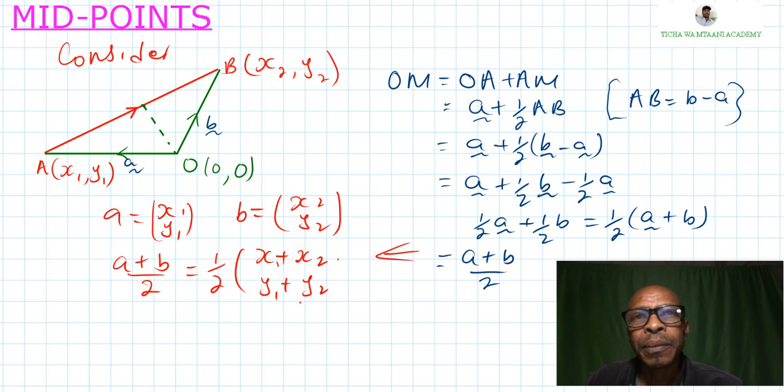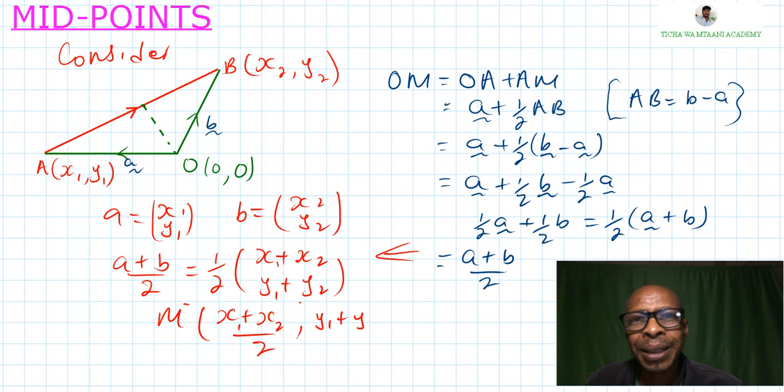So when you open the bracket, our M is x1 plus x2 divided by 2, and y1 plus y2 divided by 2.